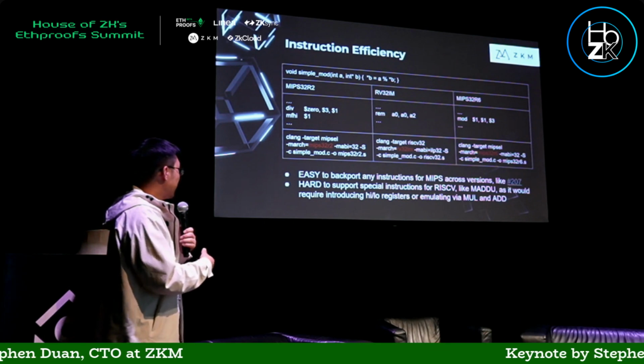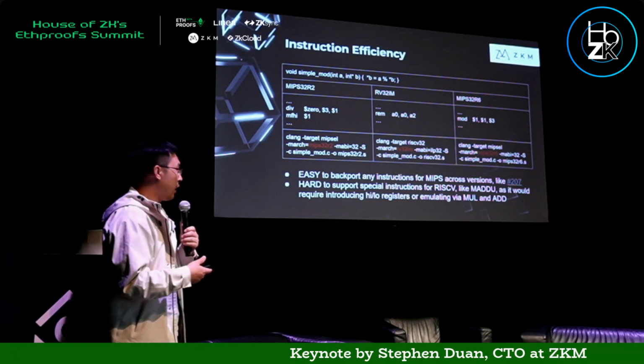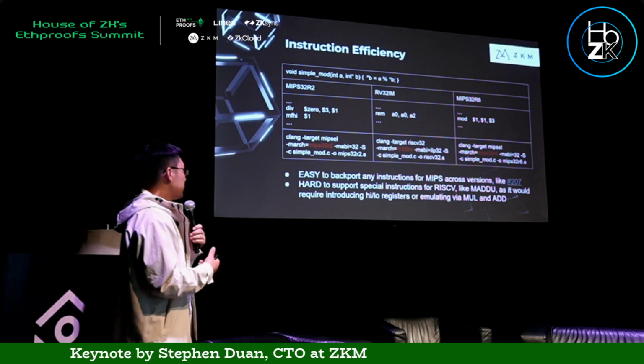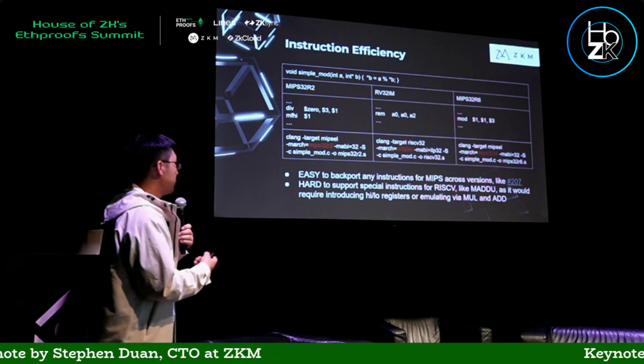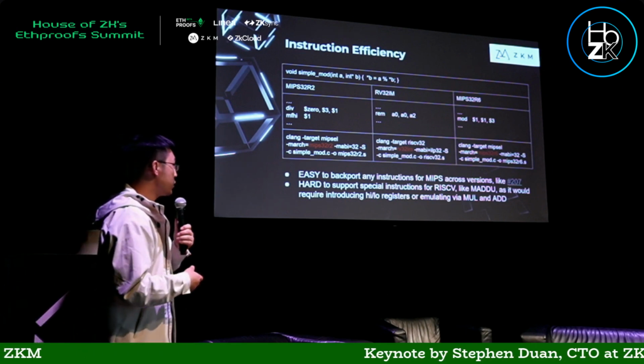So we basically need at least two, DIV and MFHI, move from HI. But RISC-V with the M extension needs just a remainder opcode. MIPS32 Release 6 has the modulo instruction again.